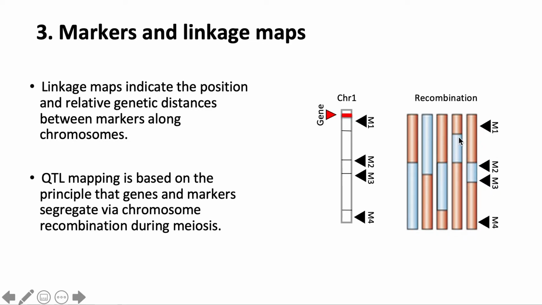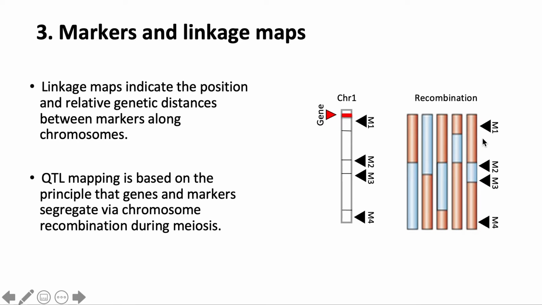Here I have 5 different individuals with different recombinations. What we can do with the molecular markers is identify the recombinations, and with those recombinations we can estimate how close or far those markers are from each other.